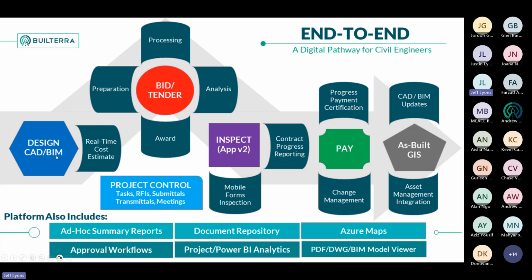Starting way back into Civil 3D, we can scrape data from the Civil 3D objects or even AutoCAD entities for quantity takeoffs and even cost estimating, because we're directly connected to the historic bid unit pricing. So Design Connect is a tool we built for Civil 3D.